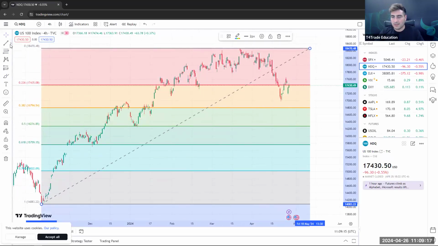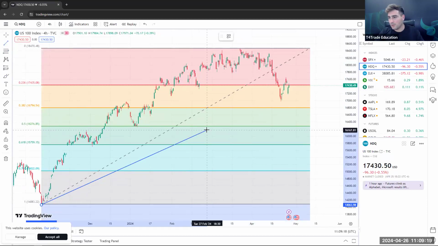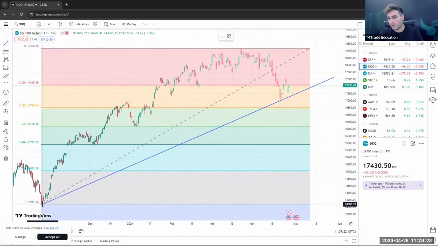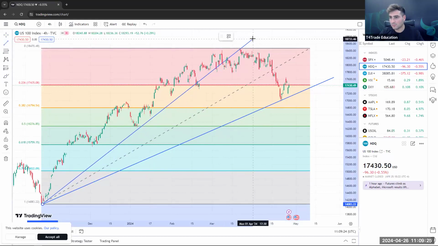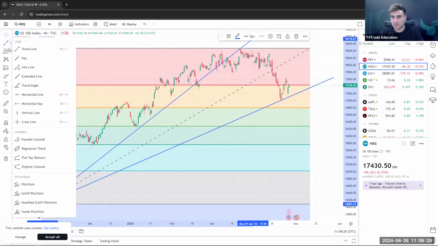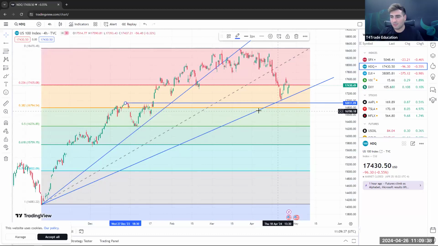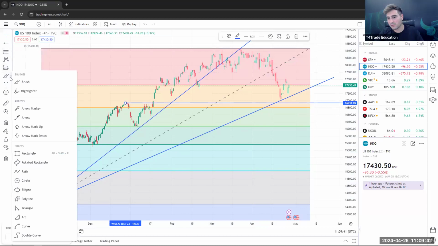So the ideal scenario for me is going to be based upon many factors. It's not going to be purely on Fibonacci retracement tools. What I would like to see is the complete breakdown below this kind of level or this area. Let me find these. What is the tool for rectangles and stuff?